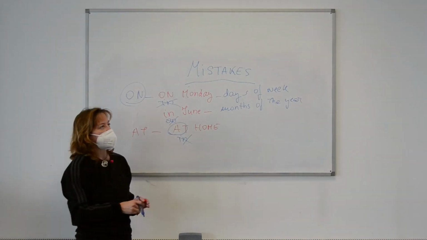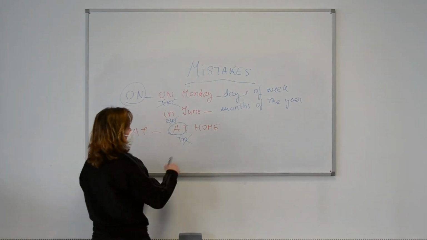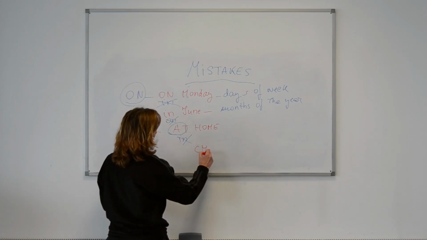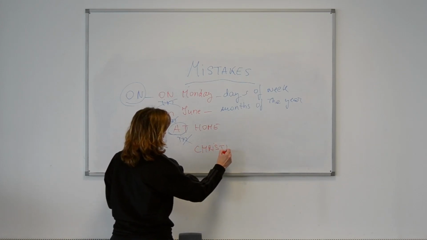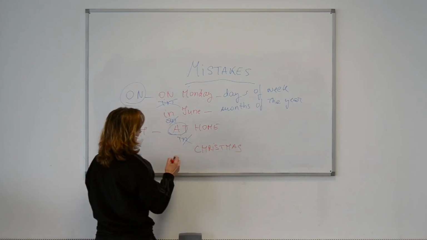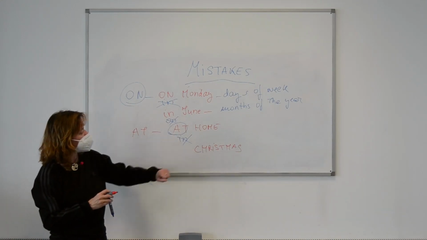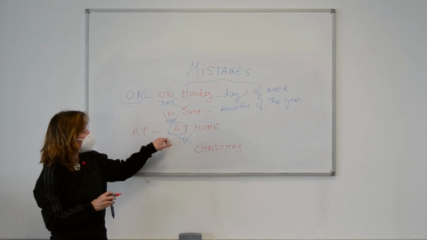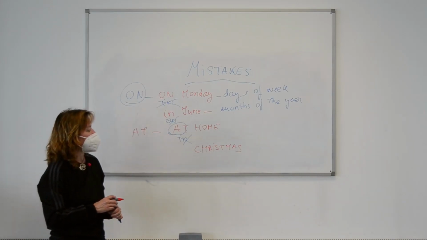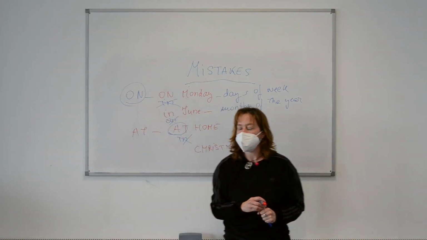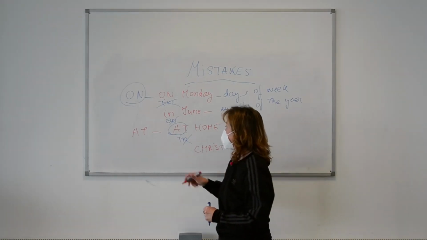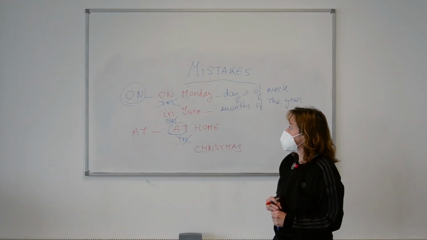With words like, for example, Christmas, we use the preposition at. With Christmas, in this case, we don't use the preposition at, we use the preposition on, okay? Right? Christmas should be used with on, but not with at.